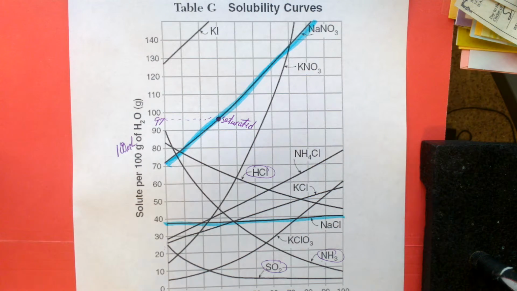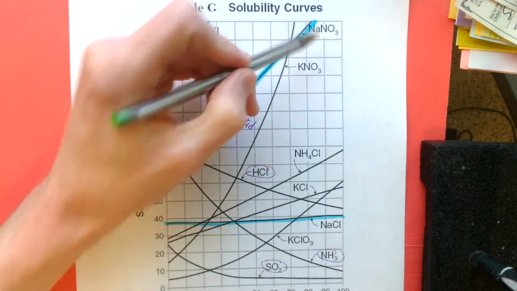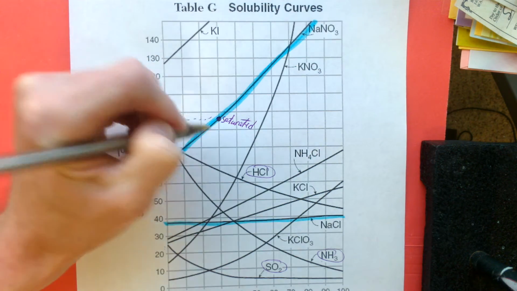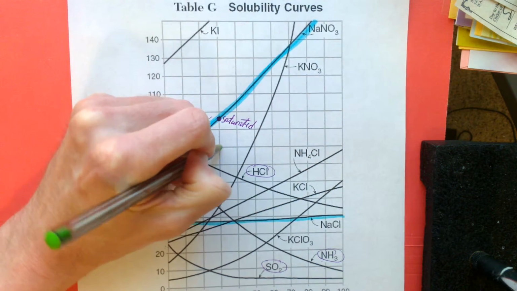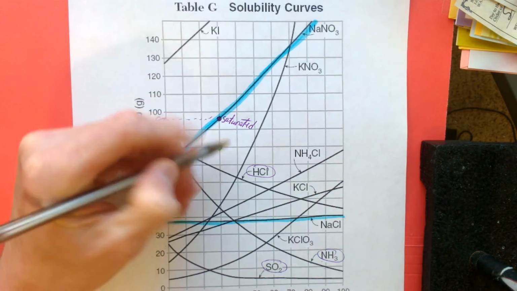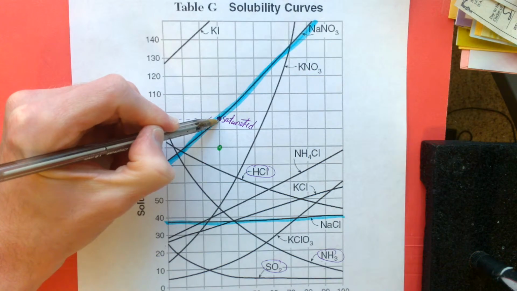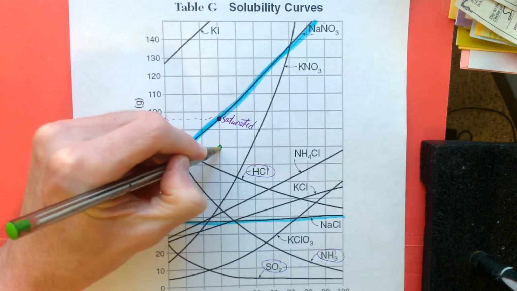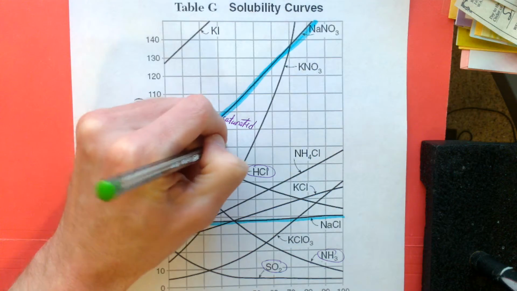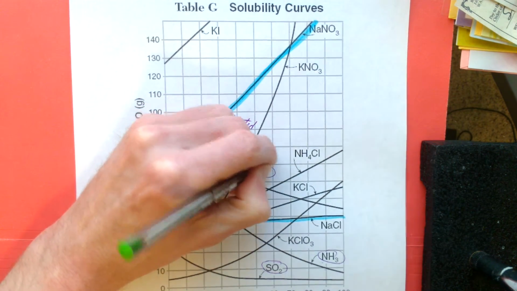Okay. Now let's say we were making this solution of sodium nitrate and we warmed the water to 30 degrees and we start stirring in the sodium nitrate, and we only stir in 80 grams of the compound. Okay, so 80 grams, even though it can dissolve 97 at that temperature. This resulting solution would be called an unsaturated solution.